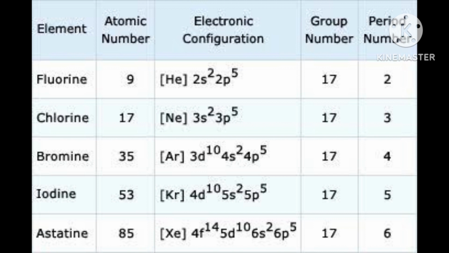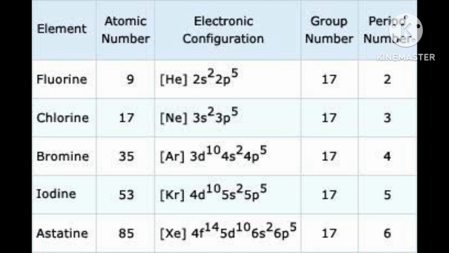A question is asked about electronegativity. Here you should know, fluorine has the highest electronegativity value in the whole periodic table. Second is oxygen. Third is nitrogen.